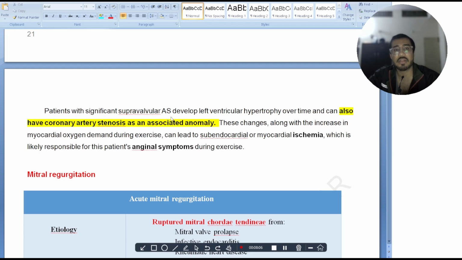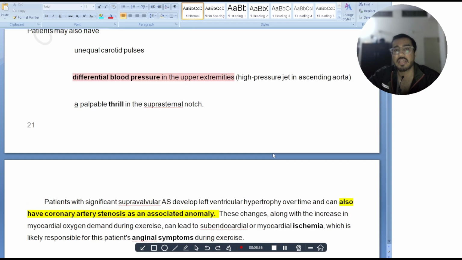Patients with significant supravalvular aortic stenosis develop left ventricular hypertrophy. And over time they can also have coronary artery stenosis as an associated anomaly. So this is a high yield point of patients having supravalvular aortic stenosis developing coronary artery stenosis as well. These changes, along with increase in myocardial oxygen demand due to left ventricular hypertrophy, which results from greater force production required to push the blood, can lead to subendocardial myocardial ischemia, which is likely responsible for patients' angina symptoms during exercise.